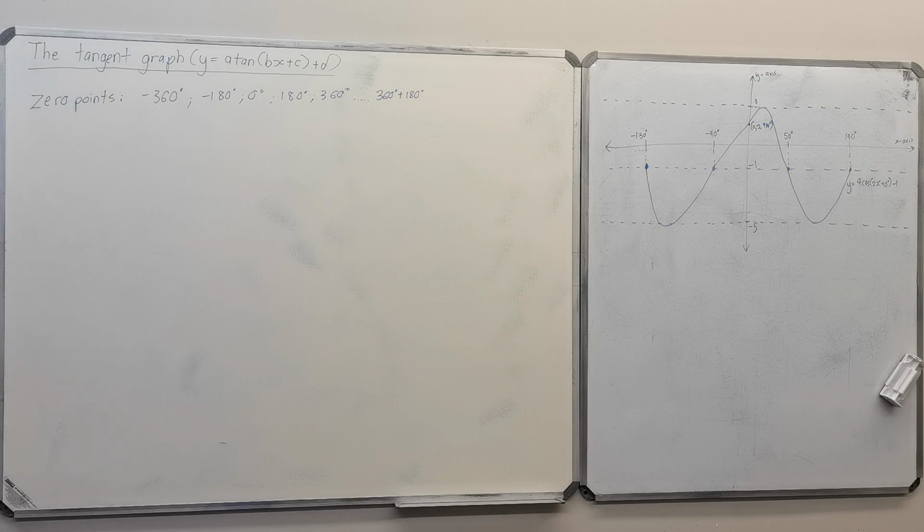Now remember, these graphs can continue forever. So that's why I wrote plus 180 on the end of that side. On this side it would have been minus 180. So on the left hand side of 0 you would have said minus 180, on the right hand side you would have said plus 180, understand? That's basically it. That's your 0 points.